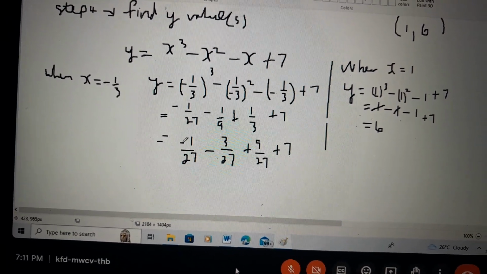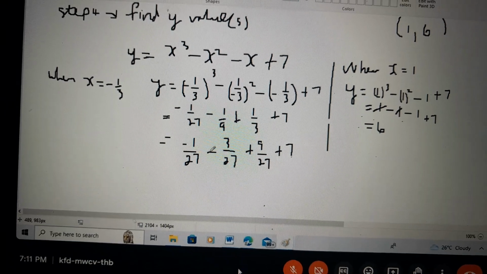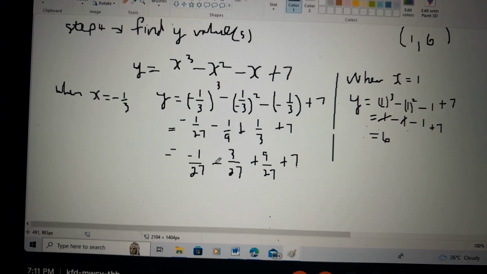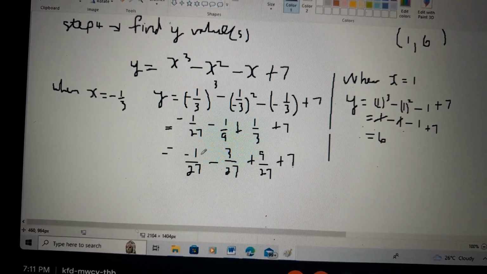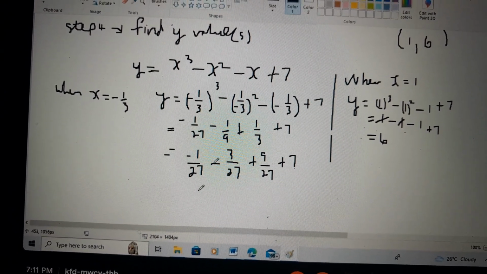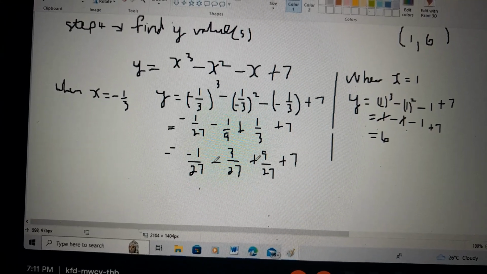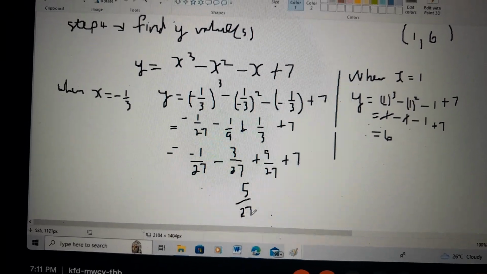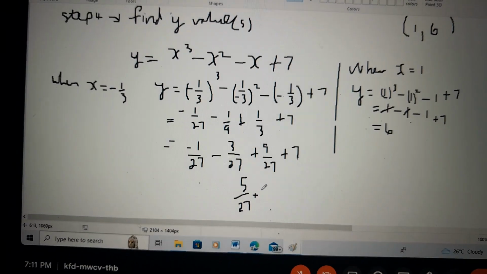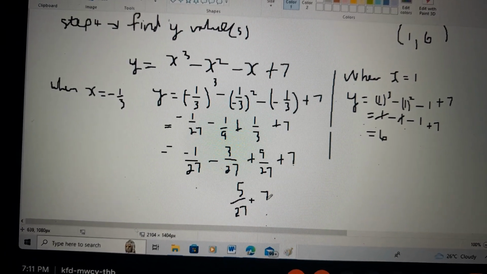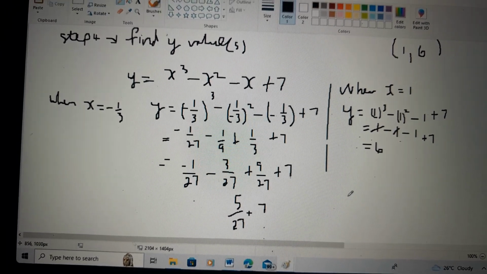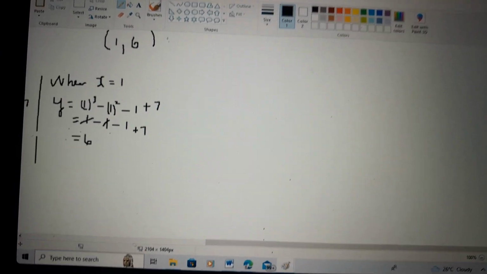So this would be 1. So that would be minus 4 over 27 plus 9 over 27. So it should give us 5 over 27.